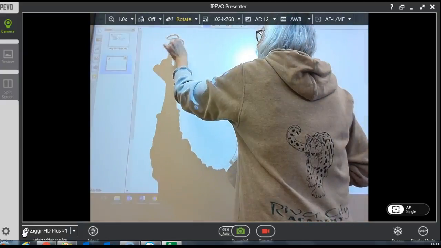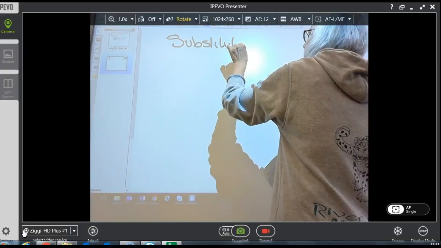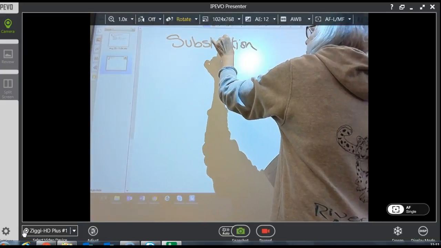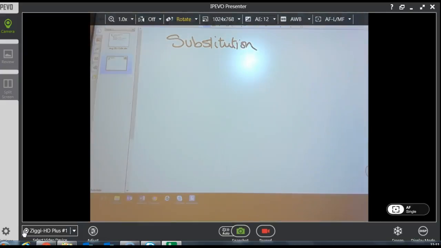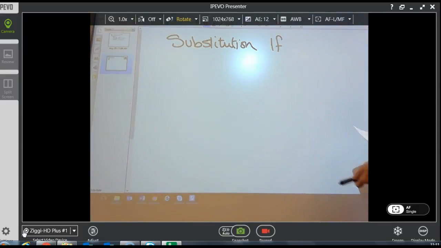Substitution, just like with a substitute teacher. Again, it should pop into your mind. Substitute teacher replaces the teacher. You're going to have values that replace the letters.